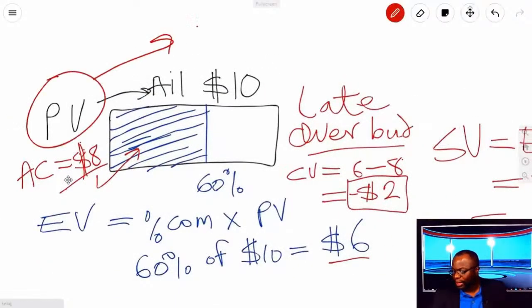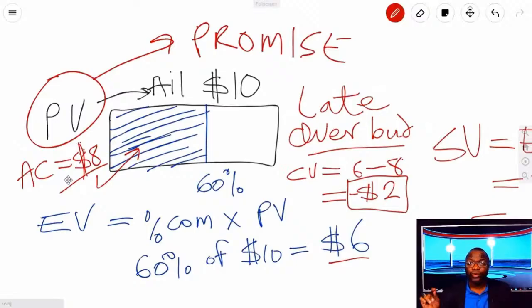It is a promise to get done within a particular time period, at a particular amount of money or rate. Actual cost is how much did I really spend on that thing, and earned value is how much of the thing, how much of the promise did I actually accomplish.